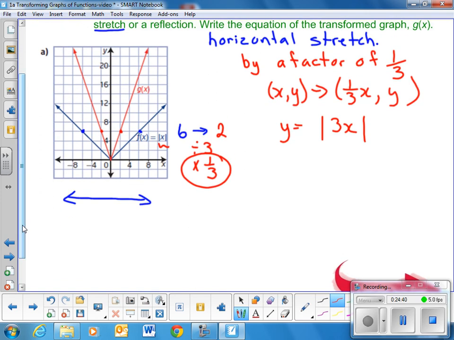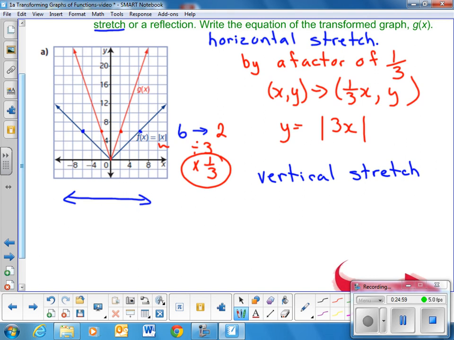Now let's do the same thing, but this time let's look at it as though it were undergoing a vertical stretch. So this time we want to pick 2 points and look at them vertically.